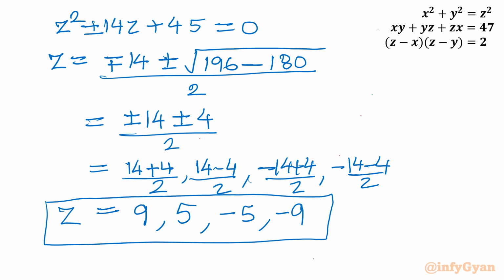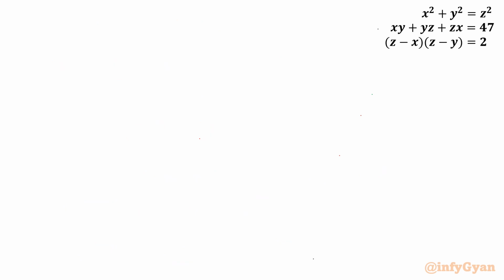We know that xy was (49 − z²)/2. So simply by putting the value of z here, we will calculate the xy value. z was 9, 5, −5, −9.